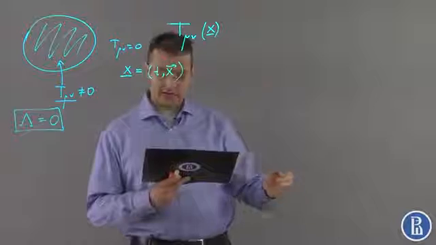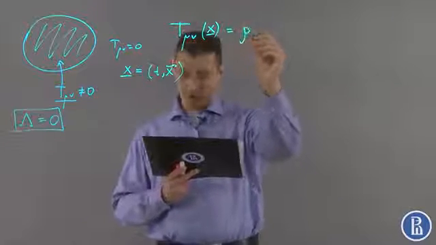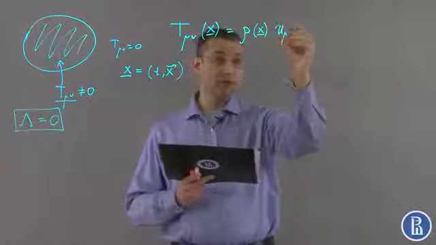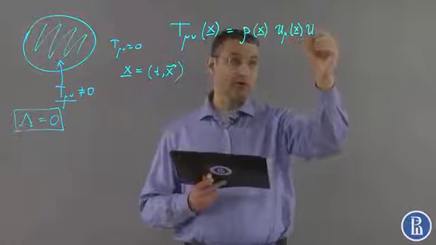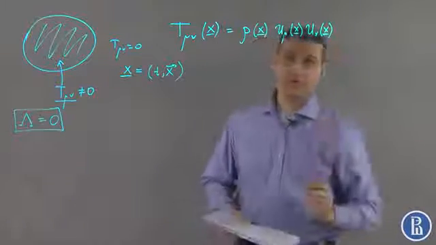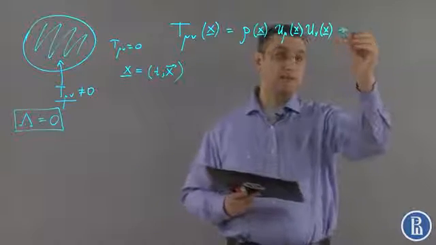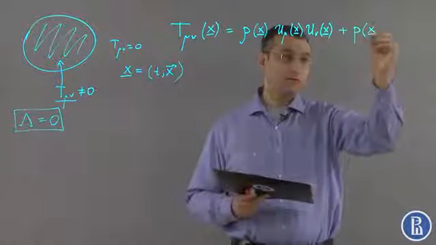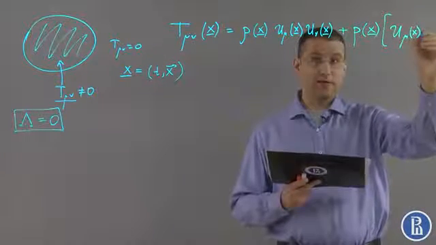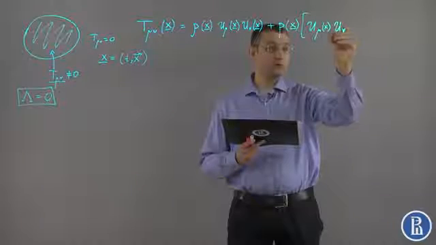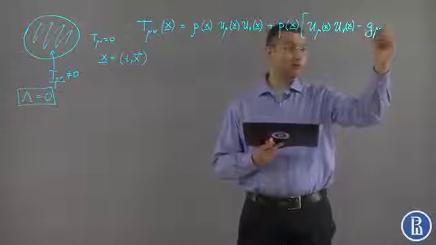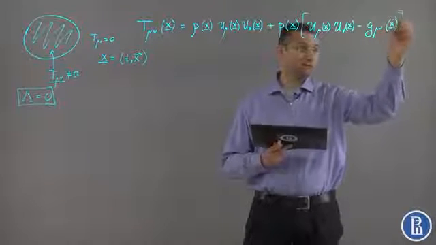So T mu nu of x is equal to rho, which is a function of x in general, times u mu u nu, where u mu is the 4-velocity field of the fluid, plus pressure times u mu of x, u nu of x, minus g mu nu, which is the metric tensor of x.